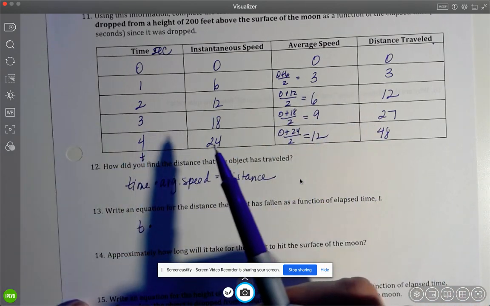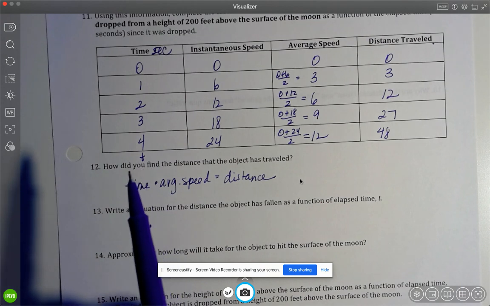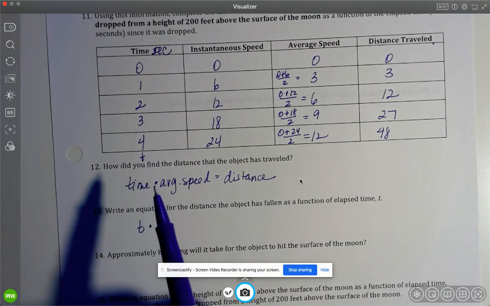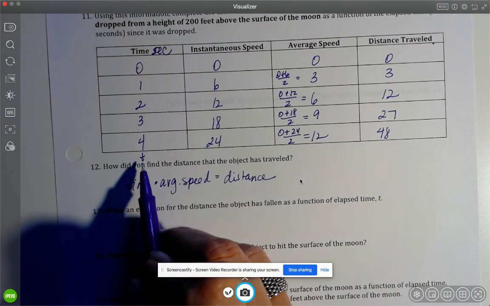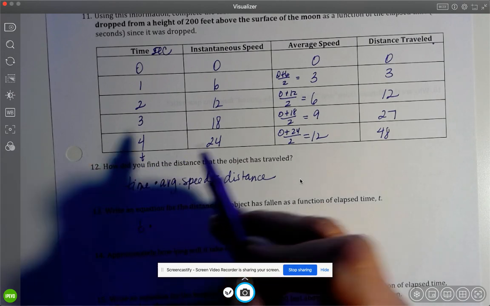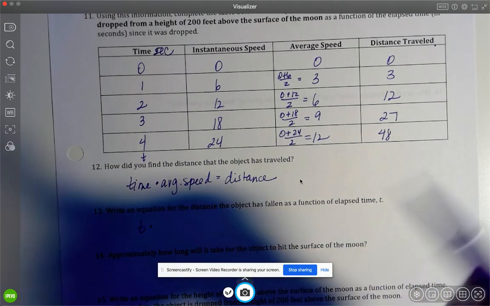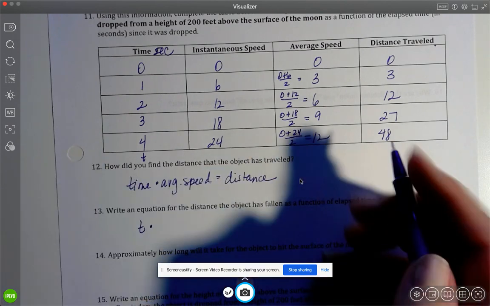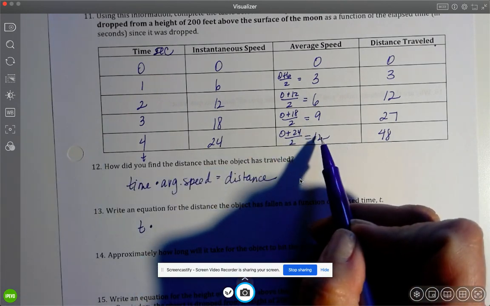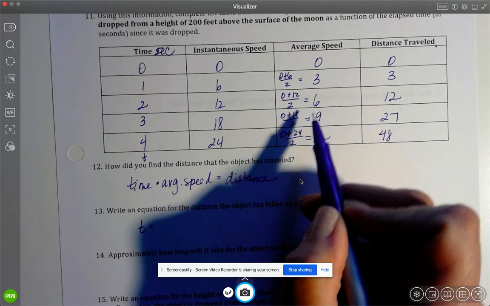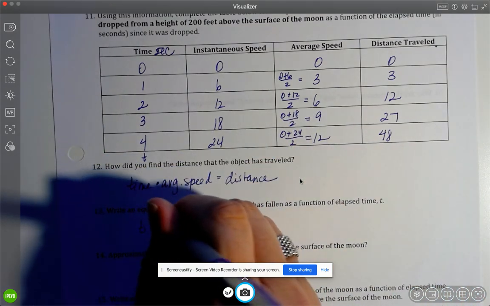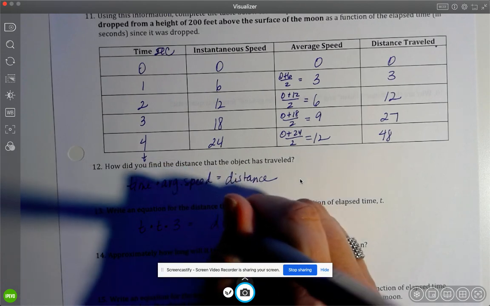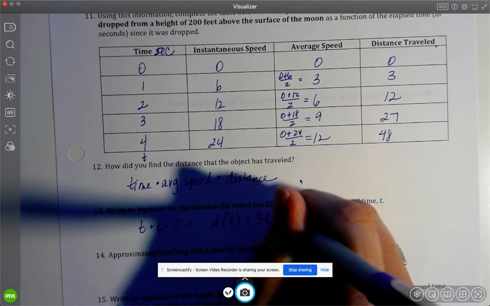So I have time times the interval times 3, because that's how I always end up with this, by multiplying it by the time. So I have time times 3. So my distance in terms of time is 3t squared.